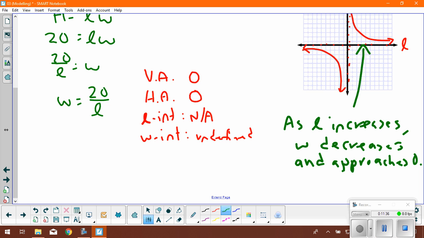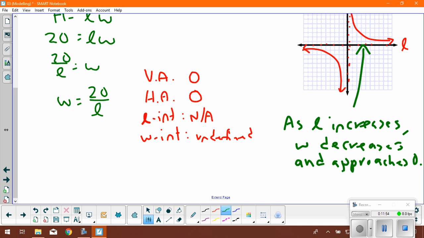Again, never really reaches 0. Technically, you could have length of 20 million and width of a millionth. So it never goes all the way to 0, but it does get incredibly close to 0.